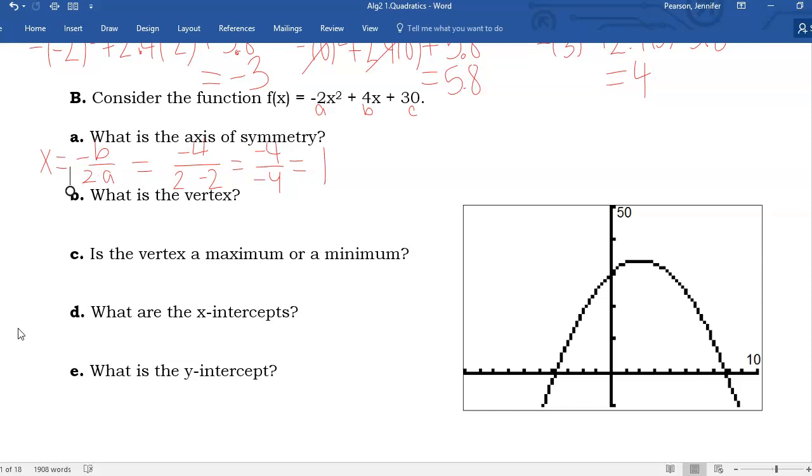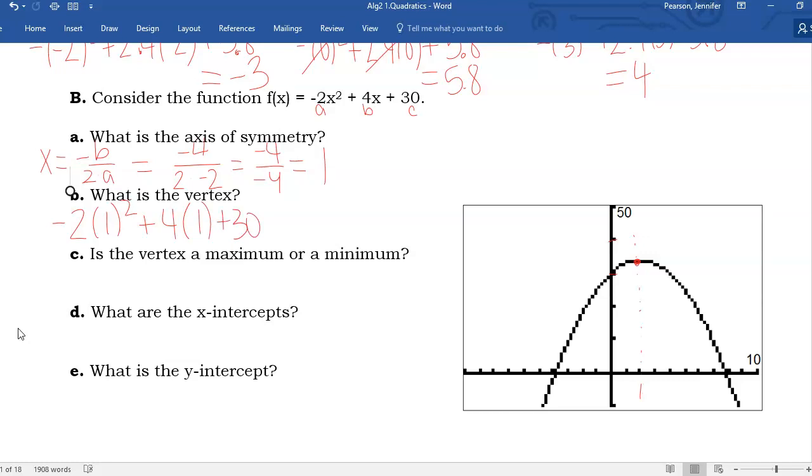So the axis of symmetry, and I'm going to add it to the graph, you probably could have figured that out from the graph, is right at 1. Okay? What is the vertex? So my graph on my scale, I know it's going to be somewhere between 30 and 40, but we're going to substitute the 1 and evaluate to figure out exactly what that y value would be. So -2 times 1 squared, plus 4 times 1, plus 30.